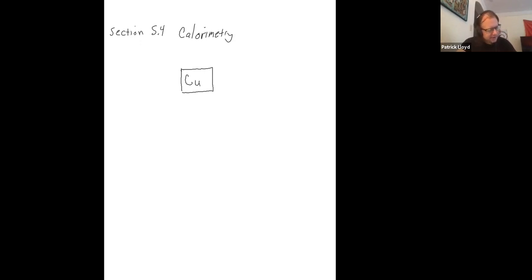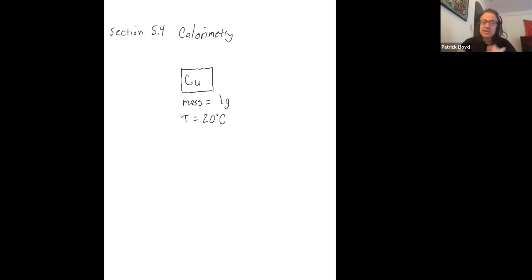And I'm going to give it a mass of 1 gram. Relatively simple. And I'm going to give it a temperature of 20 degrees C, nice room temperature.